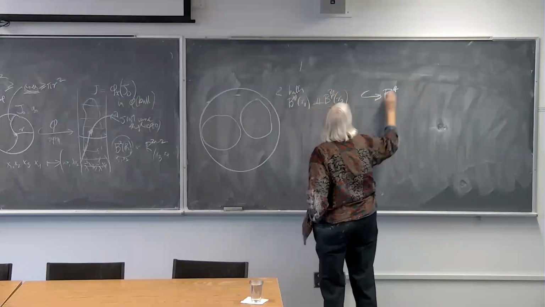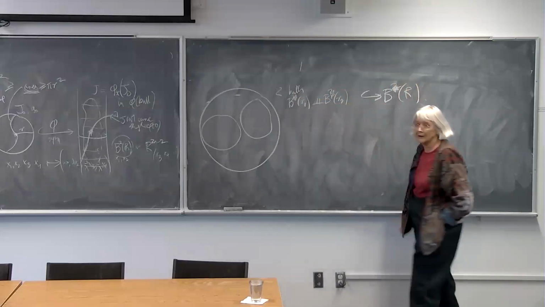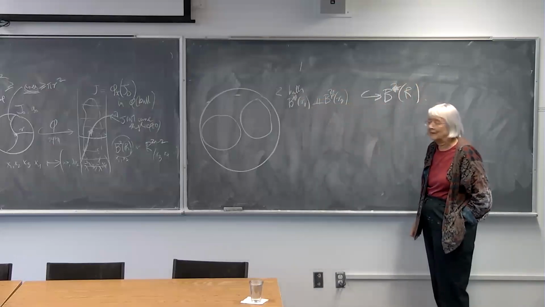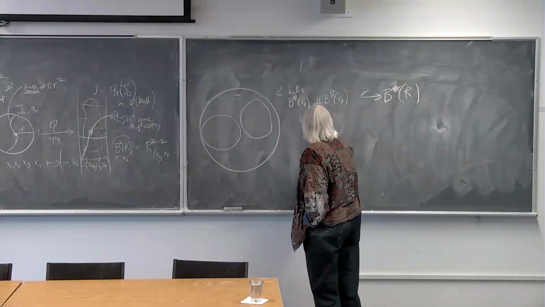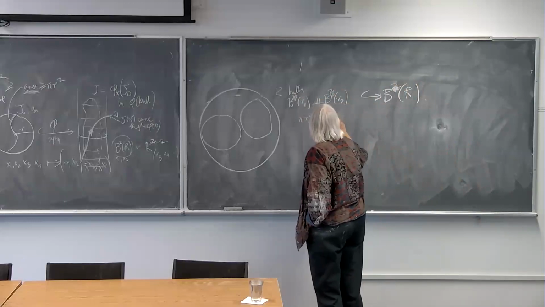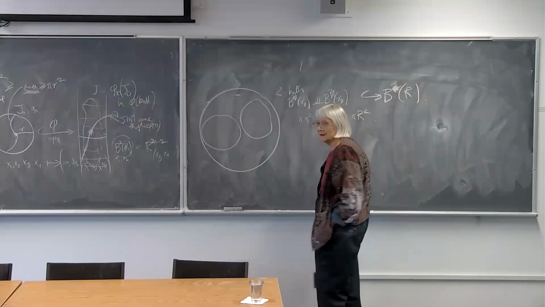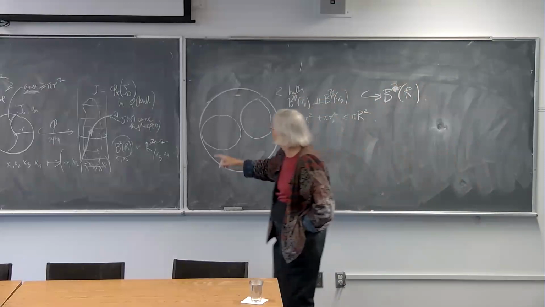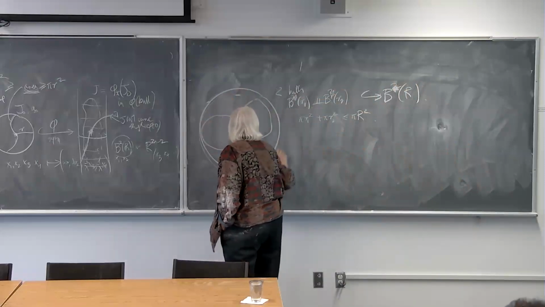You take the disjoint union of two balls and you try to embed them in some bigger ball of any dimension. Then he showed that you needed pi R1 squared plus pi R2 squared less than or equal to pi r squared.